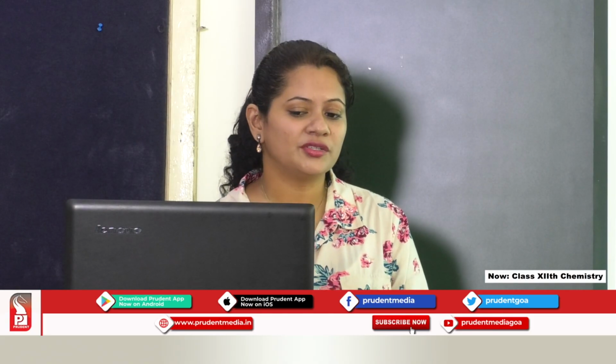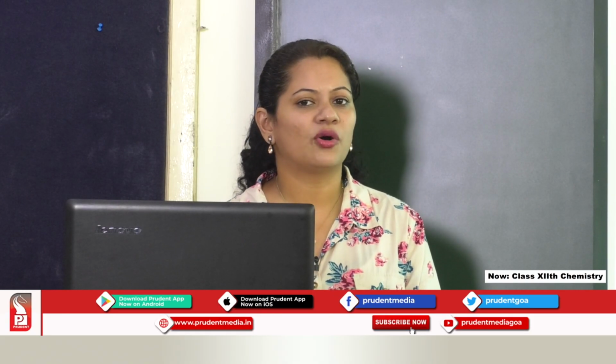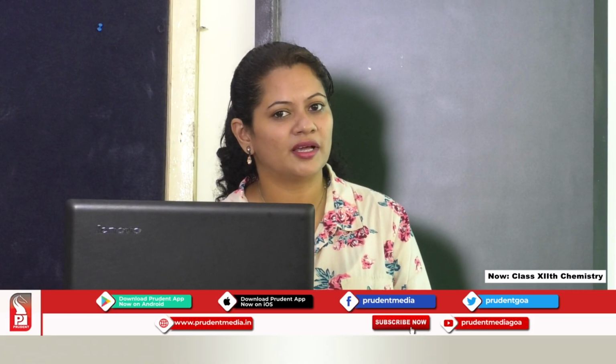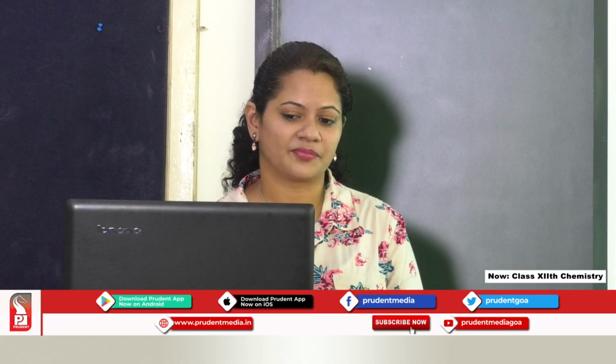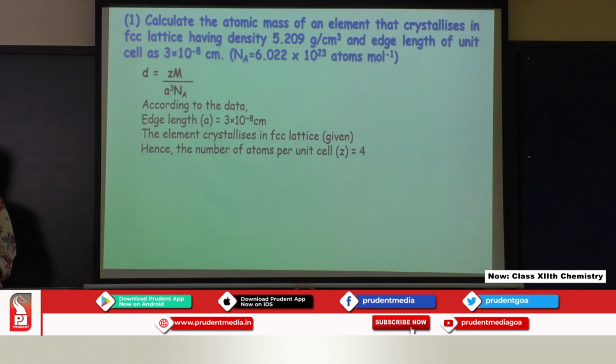It is very important, students, to list the data which is given to you and accordingly substitute it in the formula in order to avoid errors. So, the edge length given to you, that is A, is 3 into 10 raised to negative 8 centimeters. You are also given that the element crystallizes in FCC lattice, which means you are given the value of Z, that is 4. Density of the element is given to you in terms of grams per centimeter cube.